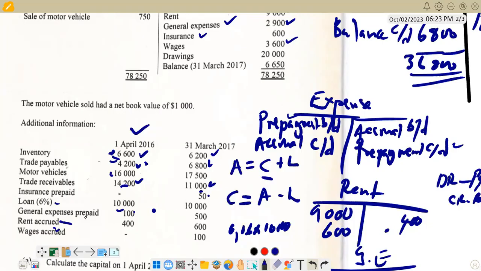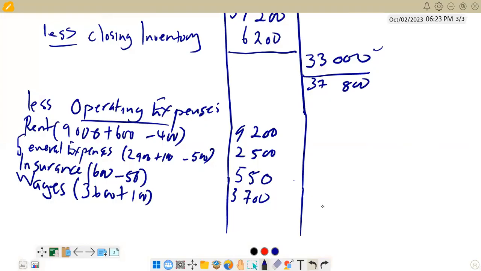So we also have interest on loan. It's an expense. Interest on loan, we have said 0.06 times 10,000, and we got 600. Right. Those are the expenses that we have.